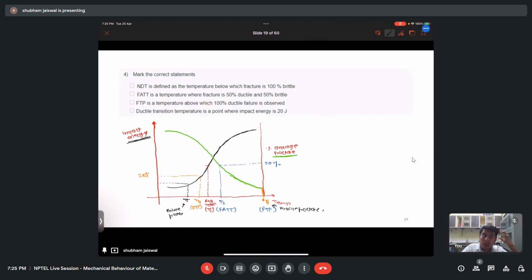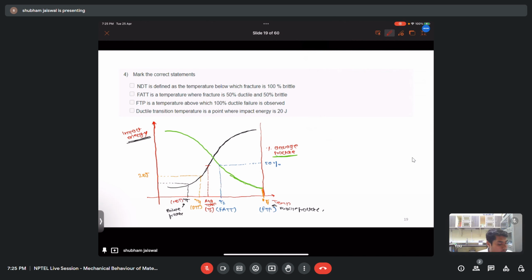So now from this curve you can easily answer the question. Or we can call it NDT.